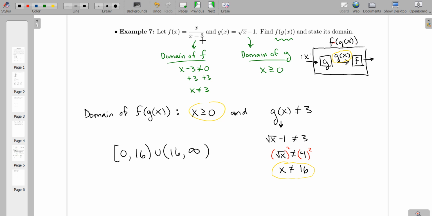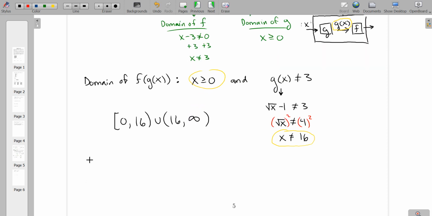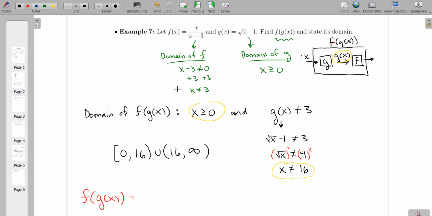Now let's think about the simplification itself. So f of g of x. What I'm doing here is I'm just taking the function f and I'm plugging g of x in everywhere I see an x. So g of x divided by g of x minus 3, which is equal to, g of x is the square root of x minus 1.